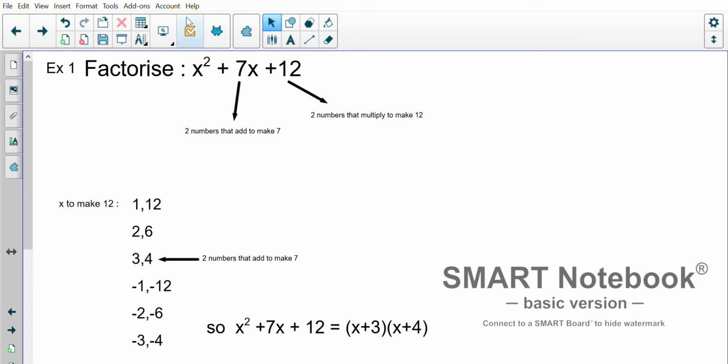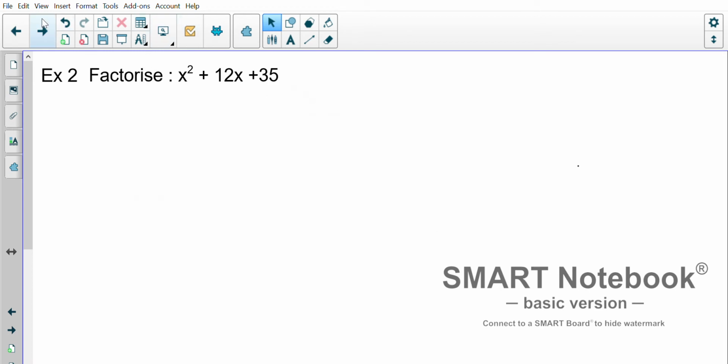Let's look at another example. Here we've got x squared plus 12x plus 35. We're looking for two numbers that add to make 12, and two numbers that multiply to make 35.